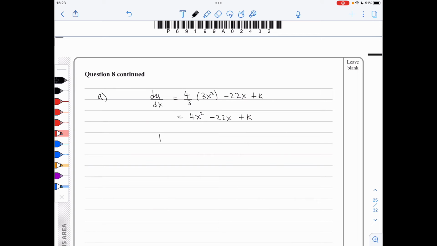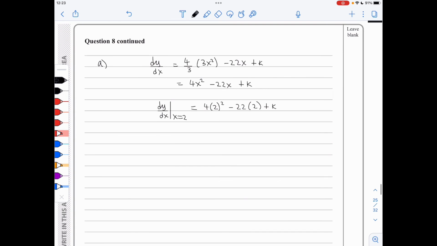And we know that if we evaluate dy/dx at x is 2, so we substitute x with 2, we get 4 times 2 squared minus 22 times 2 plus k. And this should be 0 because it's a turning point. So 16 minus 44 plus k is 0, which leads to k being 28 as required.